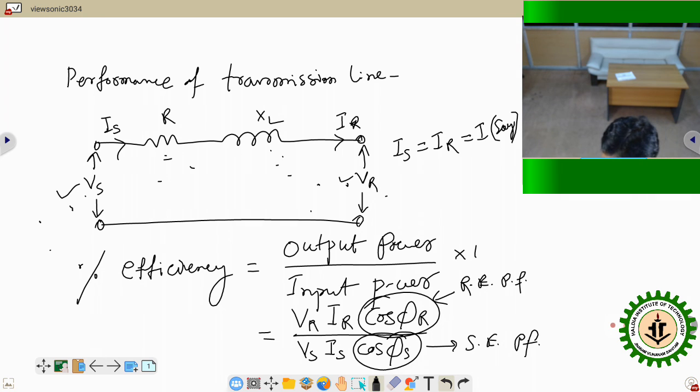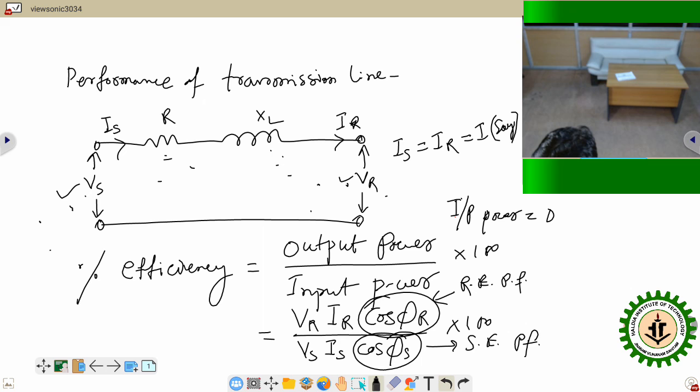Again, we know the input power can be represented as output power plus losses. Output power, you already have as Vr Ir cos phi r.